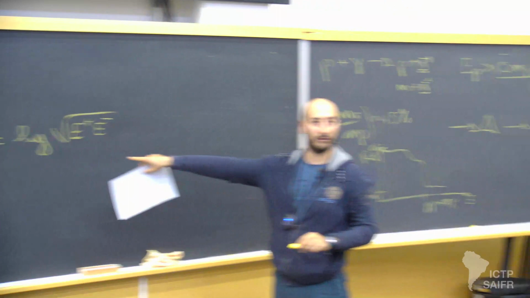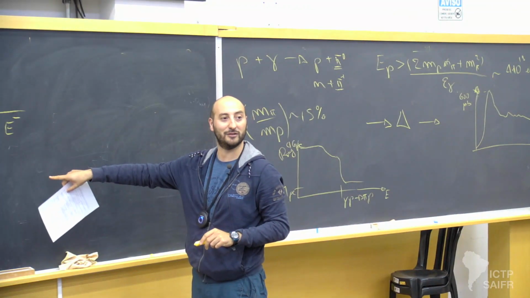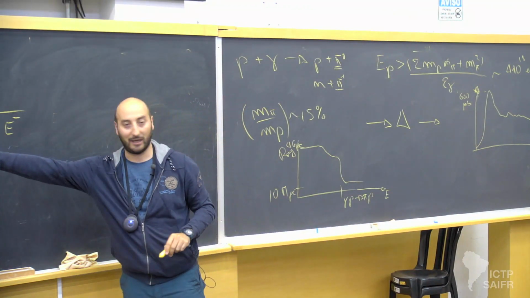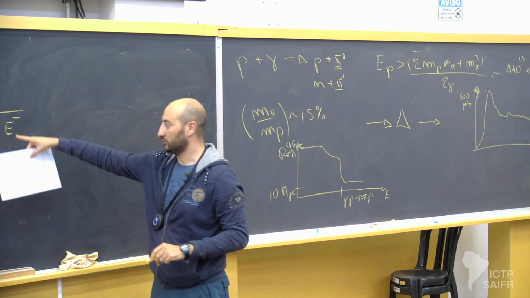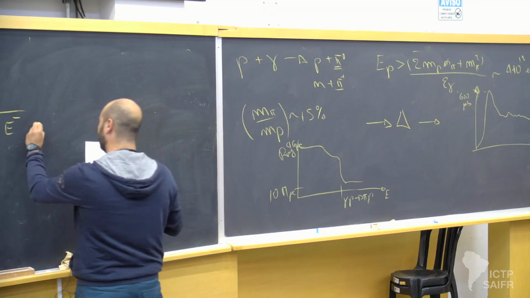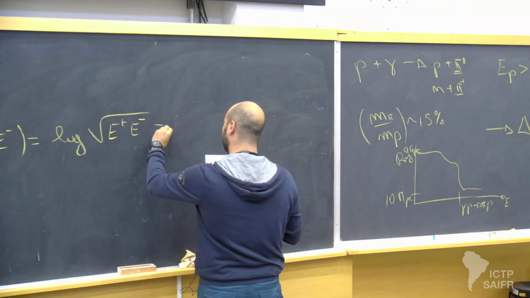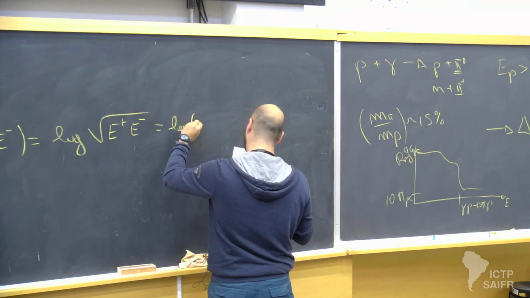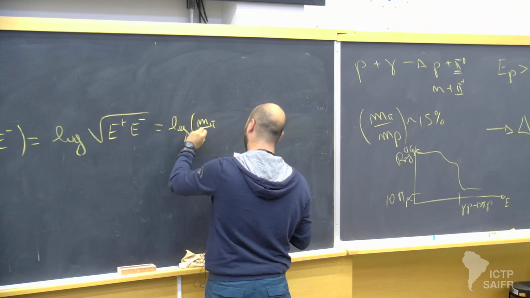This is not an electron-positron pair. This is the maximum and minimum energy of the photons. The square root comes from the factor 1/2. So this is the geometric mean of the two. You do the product.